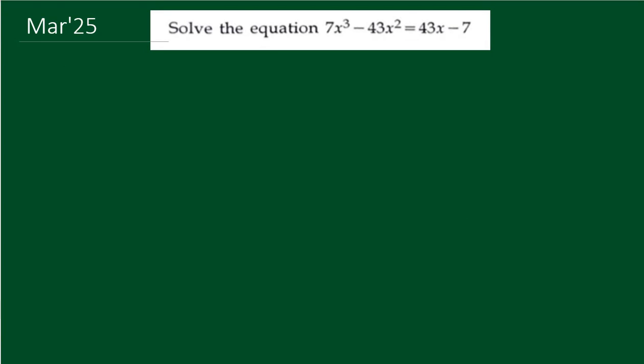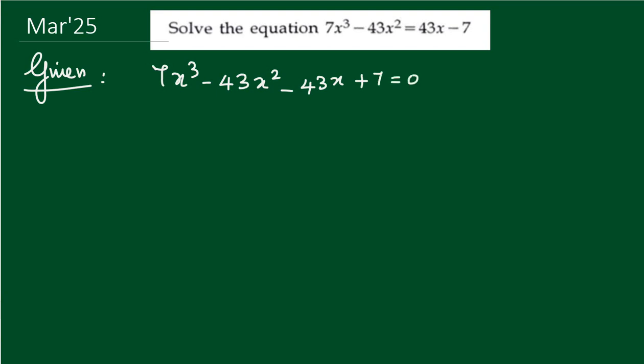The next question, solve the equation. We see that the given equation is an odd degree reciprocal equation, that is 7x cubed minus 43x squared minus 43x plus 7 is equal to 0. So the given equation is an odd degree reciprocal equation of type 1.